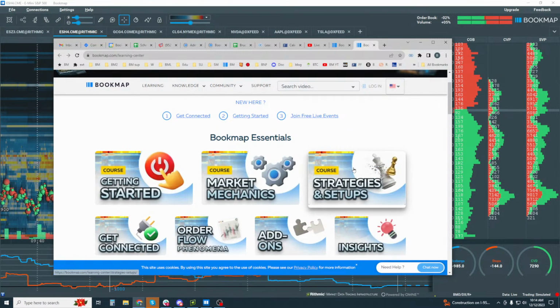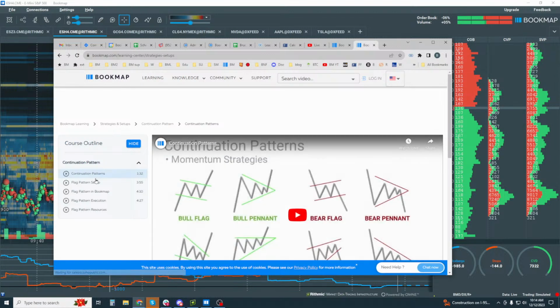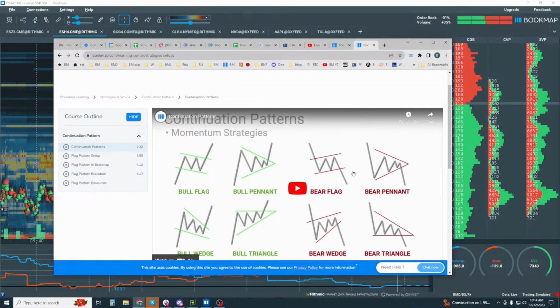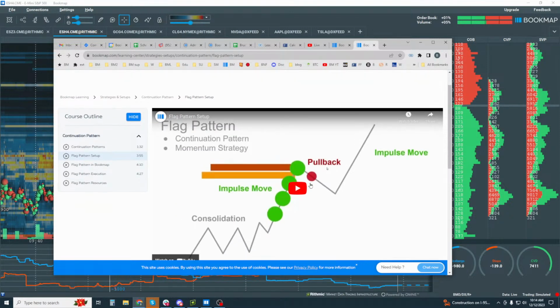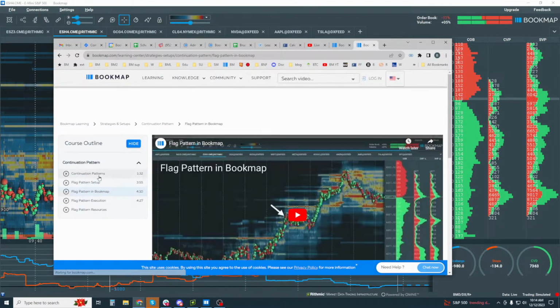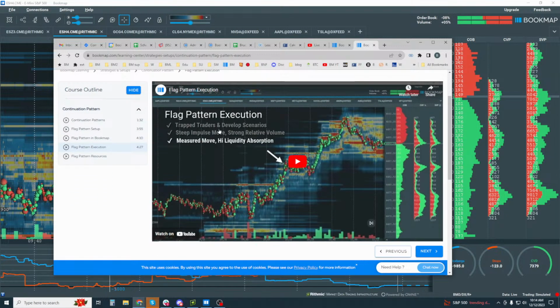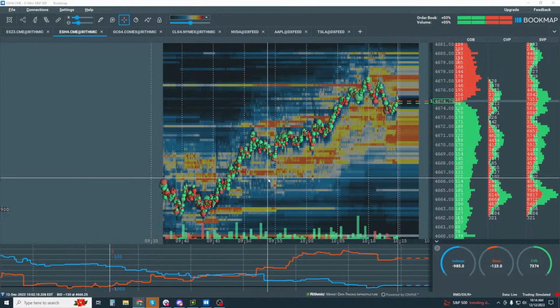This is the course you want to go to, Strategies and Setups. And then the continuation pattern. There are many different kinds of continuation patterns, and the one that we go over is this kind of flag pattern, and what it looks like in Bookmap, and then the execution of it here. So different variations, right? This is what we want to cover. Here's this variation here.